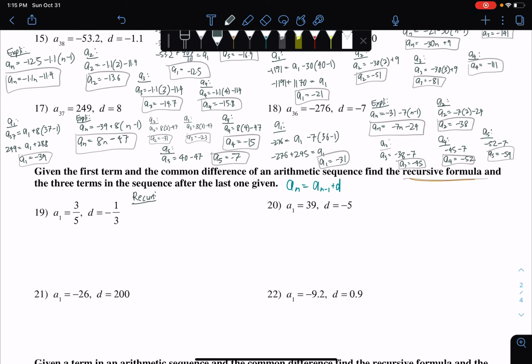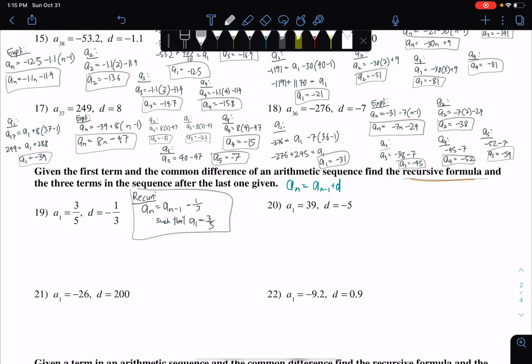Okay, so for our recursive formula, a sub n is equal to a sub n minus 1, and we know that our common difference is negative 1 over 3. Then we place "such that" a sub 1 is equal to 3 over 5.